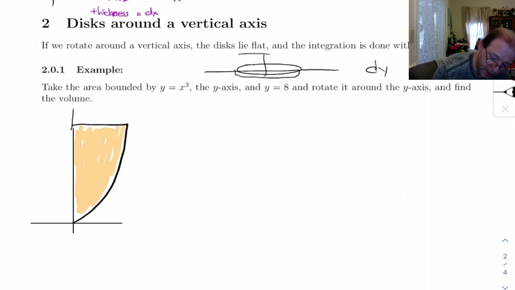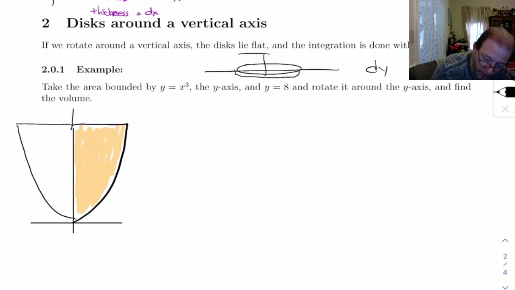If we do that, on the other side over here, we get this, and we're supposed to slice this up into disks. What we would get out of this is a thing shaped kind of like this, and the disks are going to be sitting on top of each other like that.